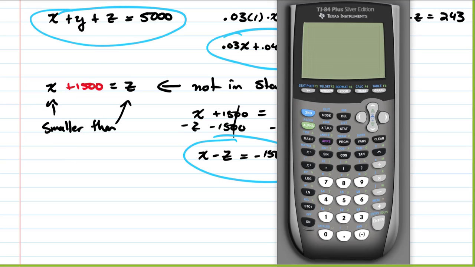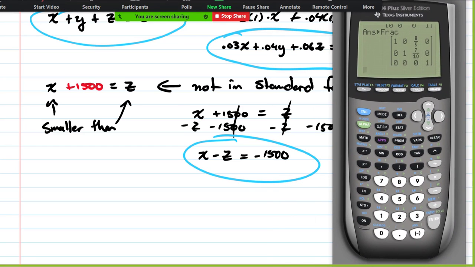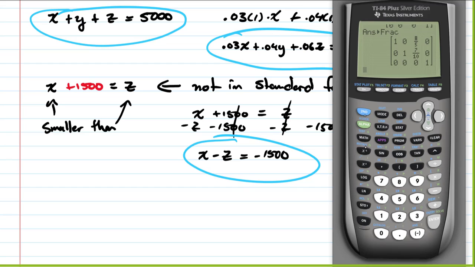At this point, I'm going to put those into my calculator. Second matrix, go over to edit. It is once again a 3x4 matrix, so 1, 1, 1, 5,000, then 0.03, 0.04, 0.06, and 243, and then 1, there's no y's so 0, minus z is negative 1, and negative 1,500.